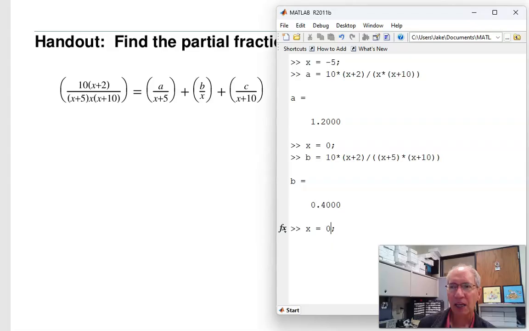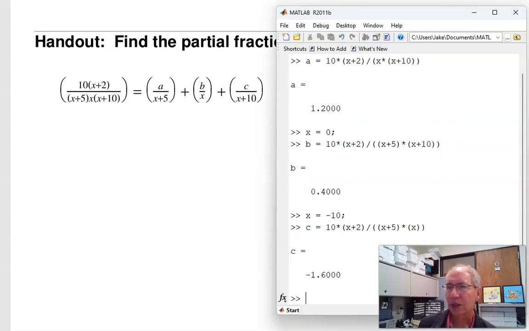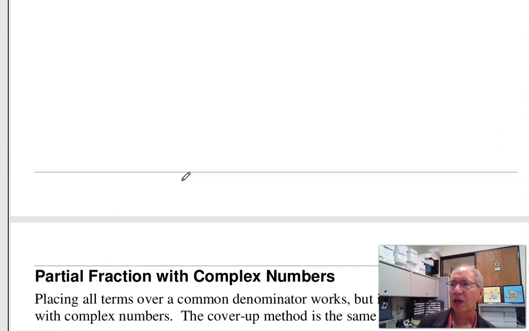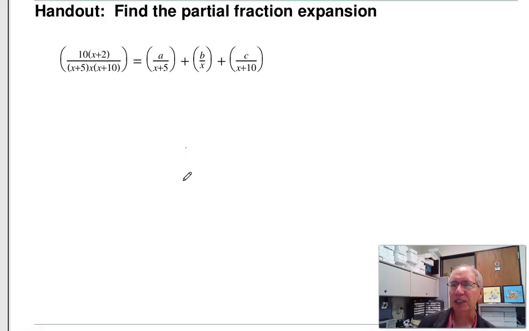For c, x is equal to minus 10. And then c is 10 times x plus 2 over x plus 5 times x. 1.2, 0.4, minus 1.6. And it gets the same answer if you use the HP calculator.